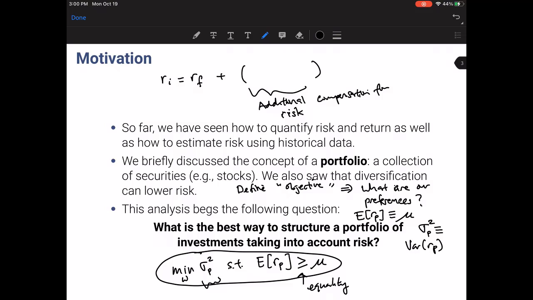It just means that, given that variance by definition has a certain shape such that it has a global minimum, in that situation this constraint has to be an equality, because there is a distinct trade-off between variance and return. If that's a little bit cloudy for you, don't worry about it. Things will be much clearer when we talk more about the objective function that we're trying to tackle.